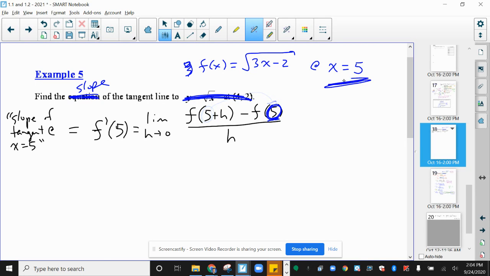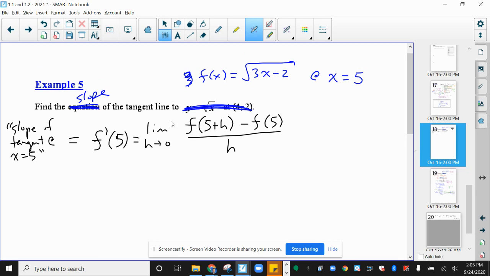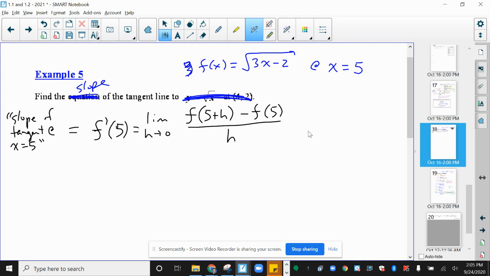Well, we're not working in general. We're at a very specific spot, x equals 5. So our a is the x value, x equals 5. All right, so that's just me copying down the definition from last slide. And now we got to go to work. Now it's a limit problem, and we got to answer this limit problem.